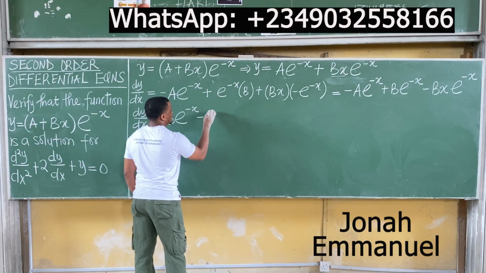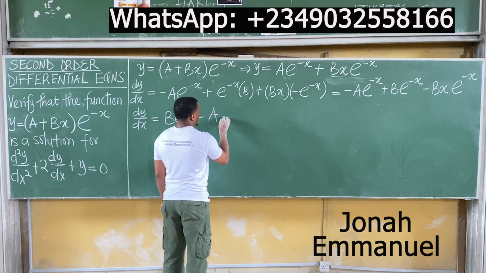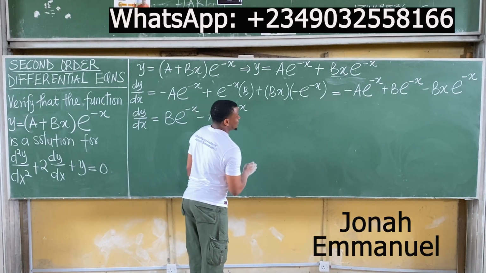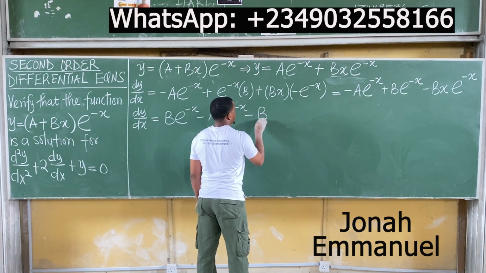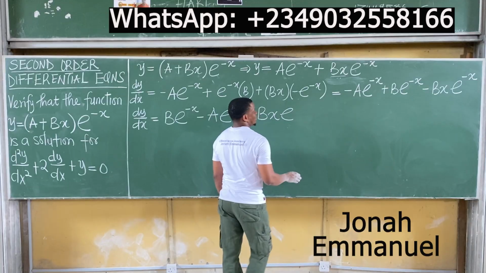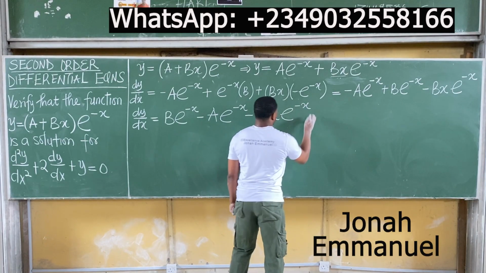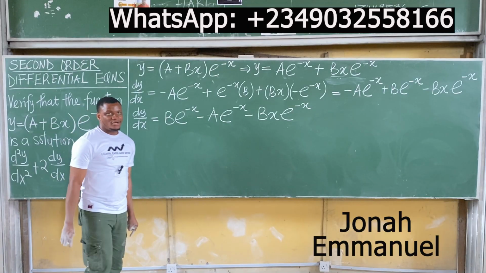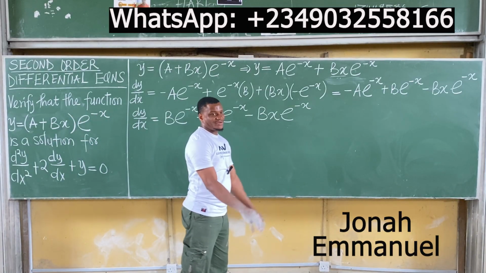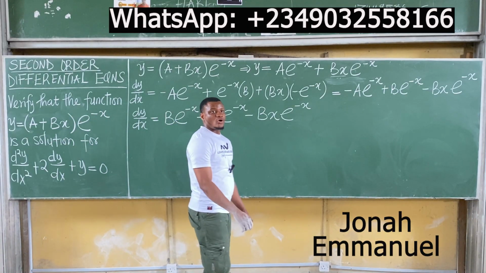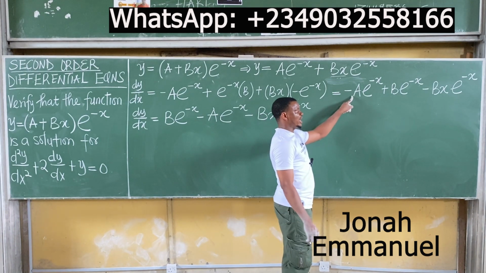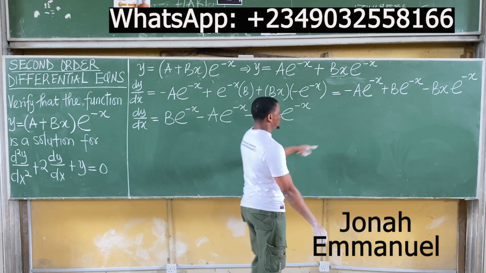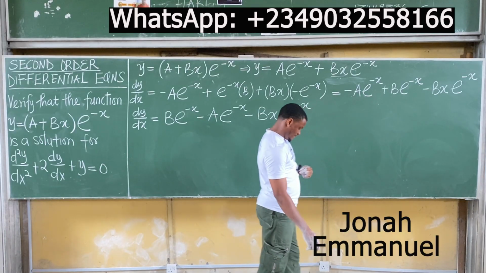It becomes minus a exponential minus x. The other negative, minus bx exponential minus x. This is a better form of writing this. Positive first before negative. But if you have all negative, then don't stress. Again, considering the fact that this will be plugged into this equation, even if you leave it here, there's no problem.